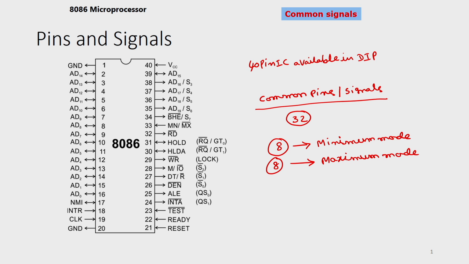If we come to the common pins, we require VCC and ground for any IC. So, we have one VCC, which is equal to 5 volts, and one specialty of this 8086 is that it has 2 grounds.